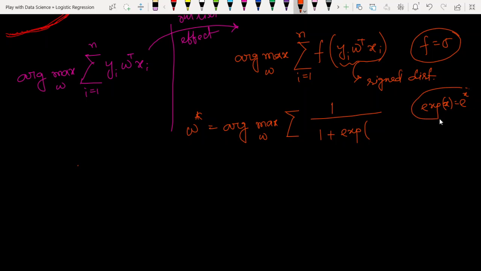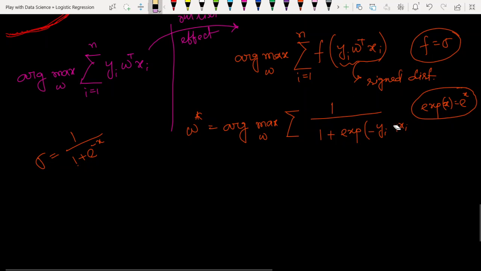Don't be confused about it; from a programming standpoint, exp of x means exponential of x. What is our function? Sigma is 1 plus 1 by e to the power minus yi W transpose xi. This is our final equation.